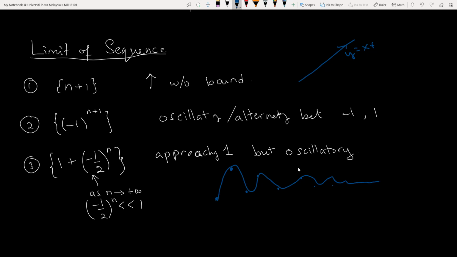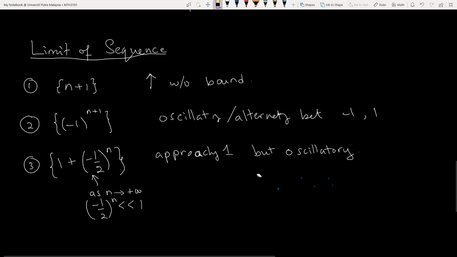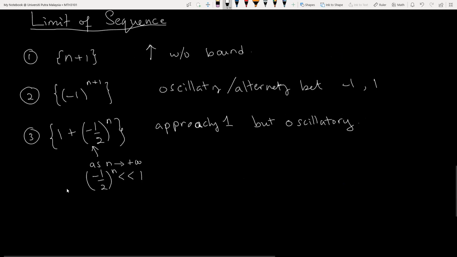So in this case, if you want to find the limit of a sequence, you need to see the behavior of the sequence when n goes to positive infinity, or could be minus infinity. So this is the limit of a sequence.